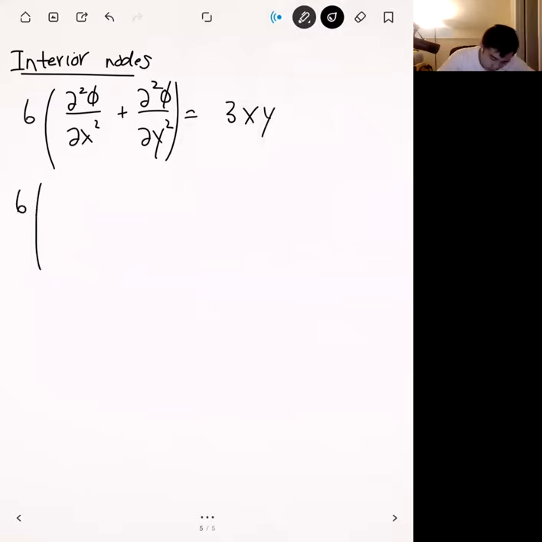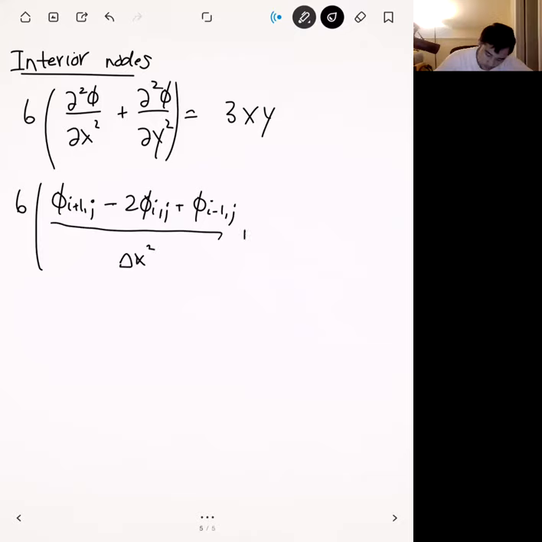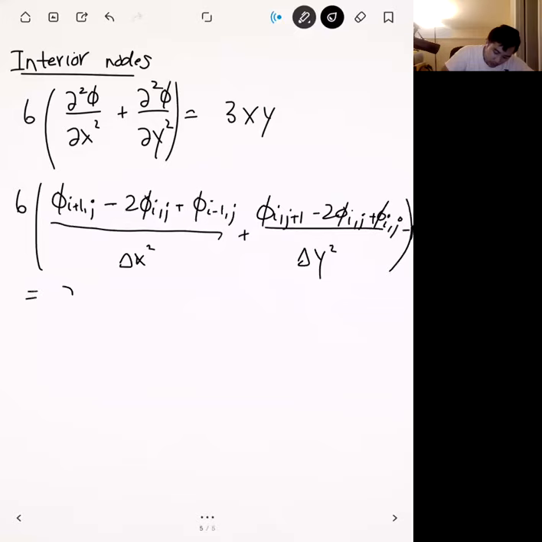First, let's do the x derivative: phi i plus 1, comma j, minus 2 phi i, comma j, plus phi i minus 1, comma j, all divided by delta x squared, plus the y derivative, which is phi i, j plus 1 minus 2 phi i, comma j, plus phi i, j minus 1, all over delta y squared. And this is equal to 3 x_i y_j.